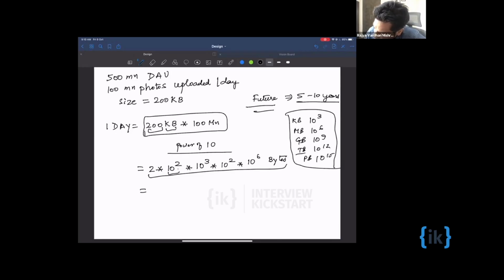That means the closest one which is lower than this is 10 to the power 12. So I can write it as 10 into 10 to the power 12, and this 2 is there, so that means 20 into 10 to the power 12, and 10 to the power 12 we know is terabyte. So it is 20 terabyte.